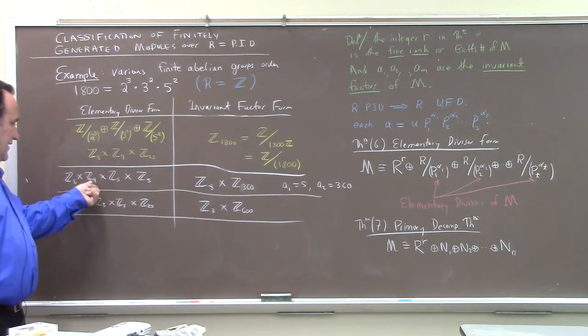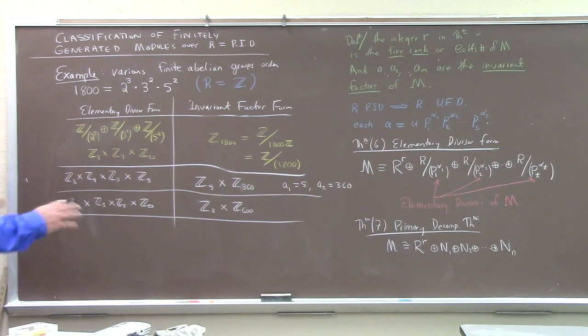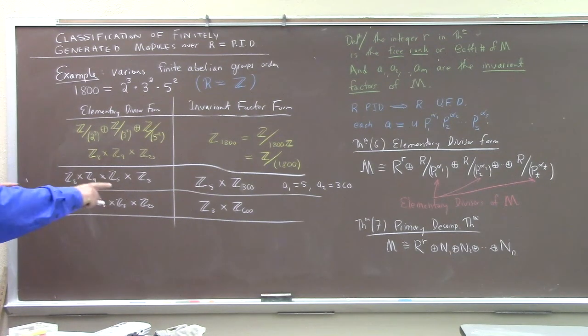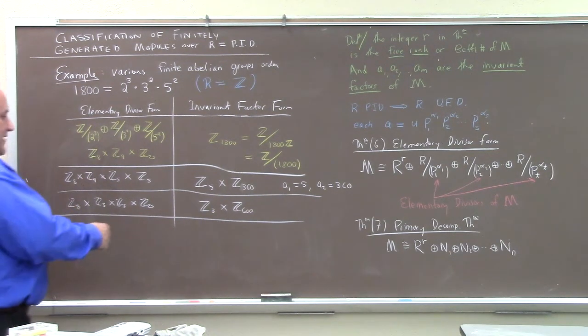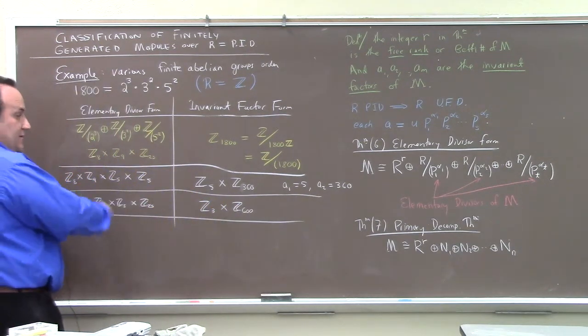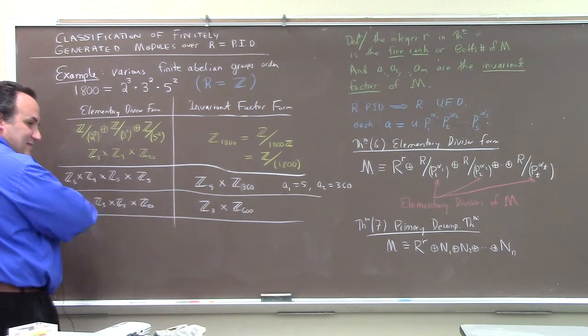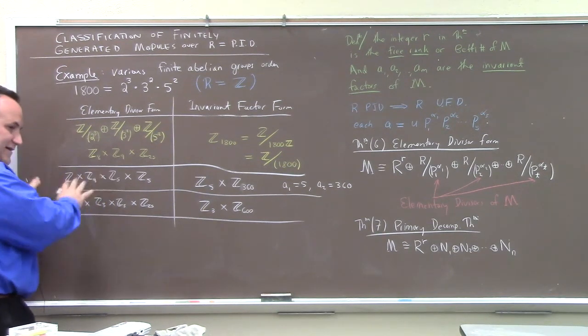Before, N2 was Z9, and here N2 is Z3. You can tell the difference between non-isomorphic modules by non-matching primary decompositions, non-matching invariant factor forms, or non-matching elementary divisor forms, although we have to be careful because we could reorder things technically.